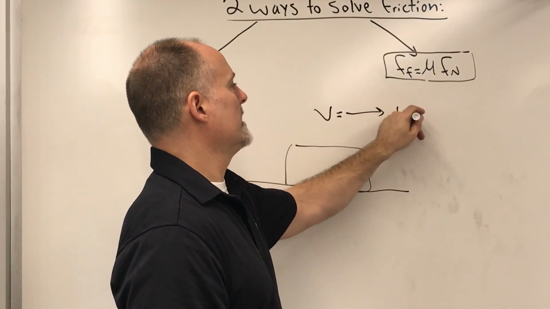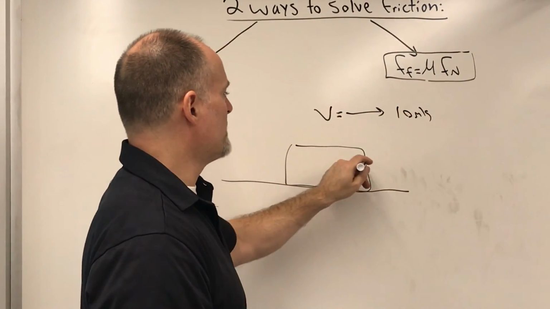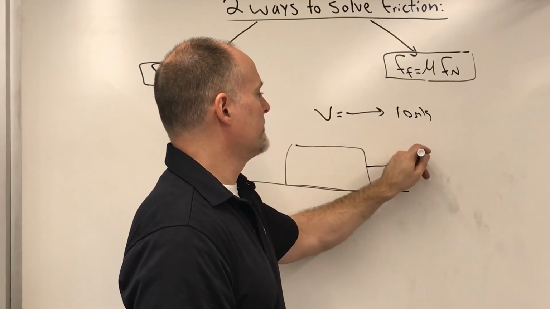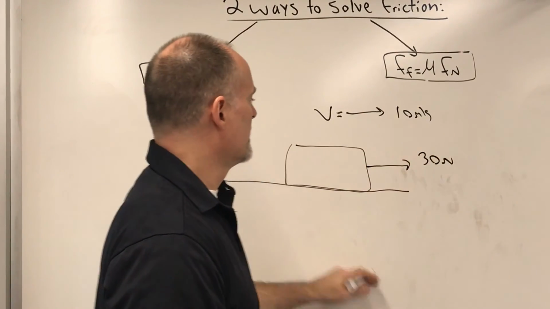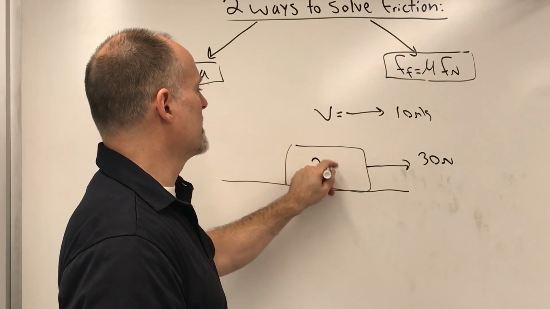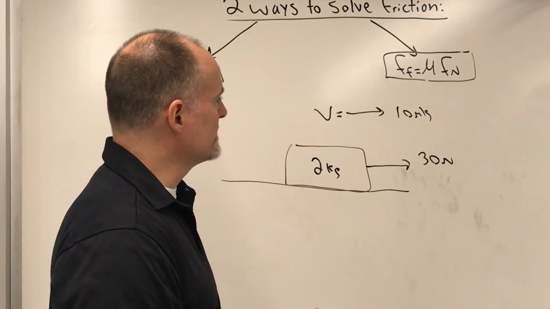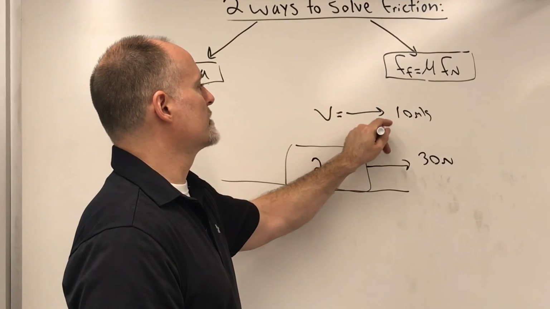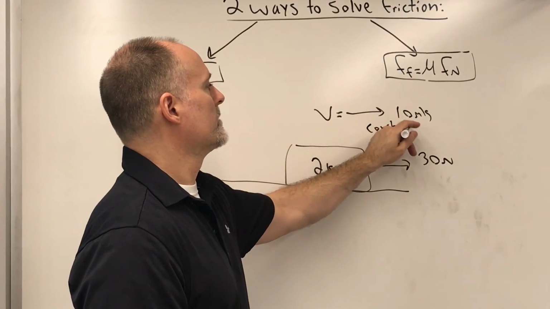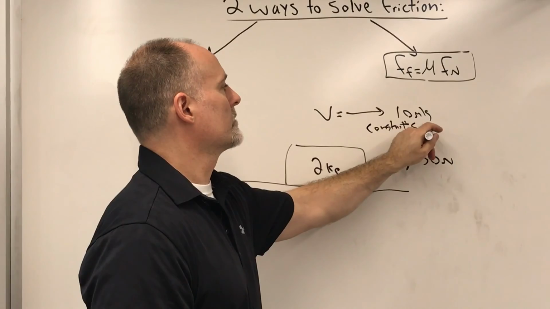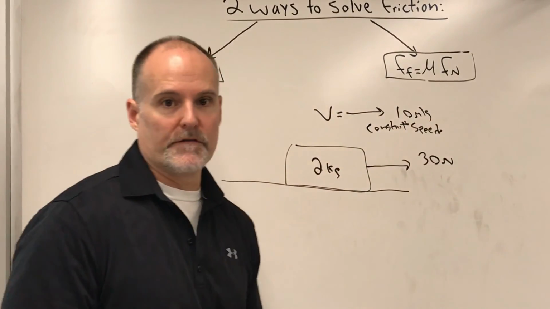Let's make up a speed here, 10 meters per second. And I'm applying a force of 30 newtons. The block has a mass of 2 kilograms. Okay? And it's a constant speed. So what is the coefficient of friction?